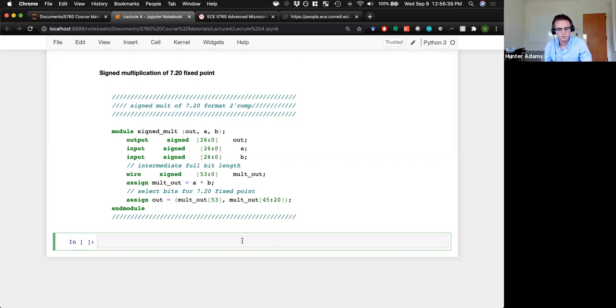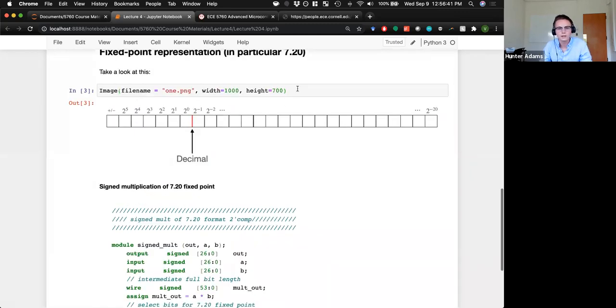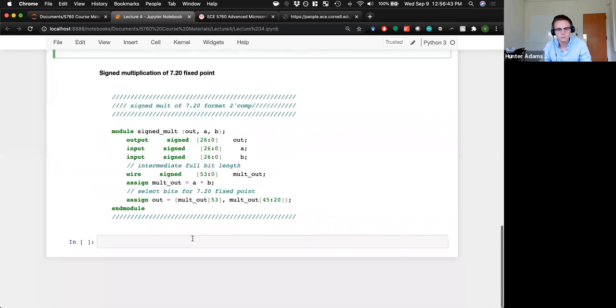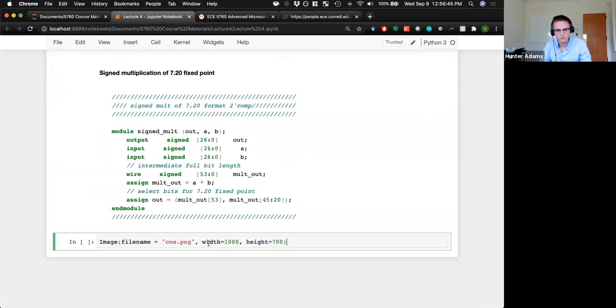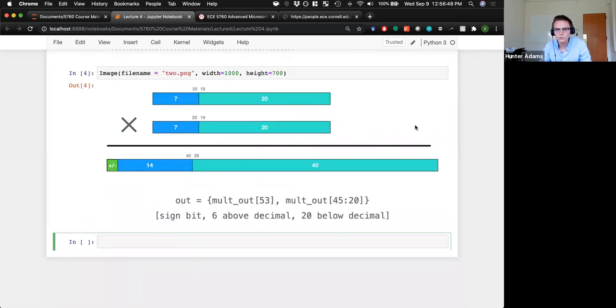And I want to show you why that's the case, why it's grabbing those bits in particular. So we can take a look at an image here. So if we suppose that we are multiplying two 7.20 fixed variables, that is to say that the decimal point is between bits 19 and 20 for each of these values.